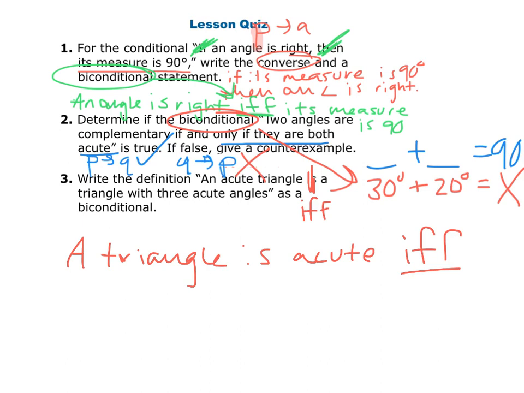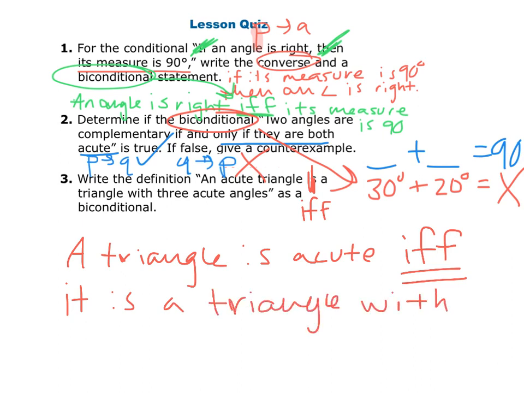So we would say, a triangle is acute if and only if it is a triangle with three acute angles.